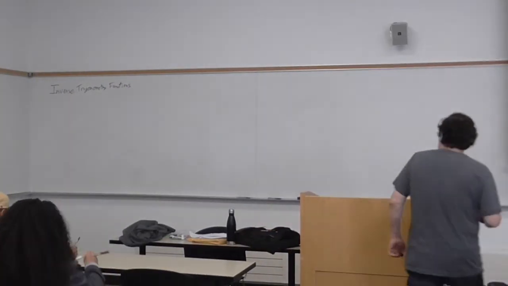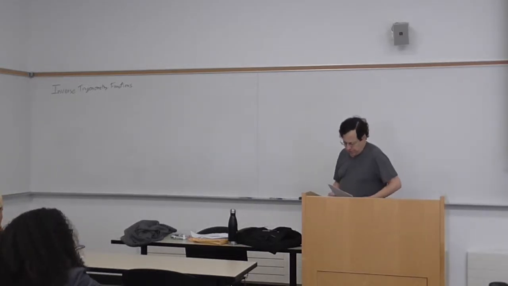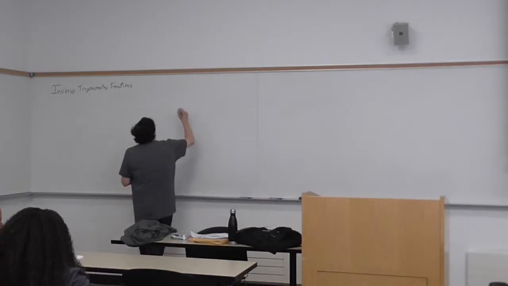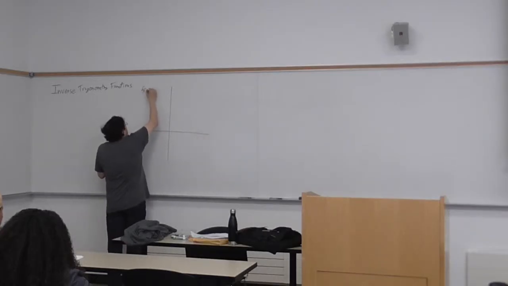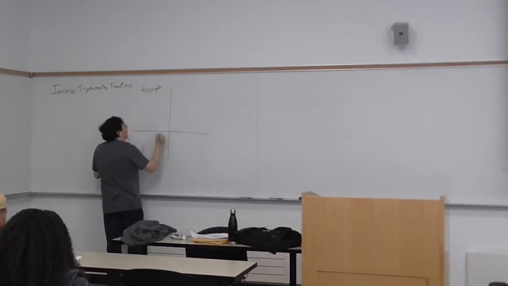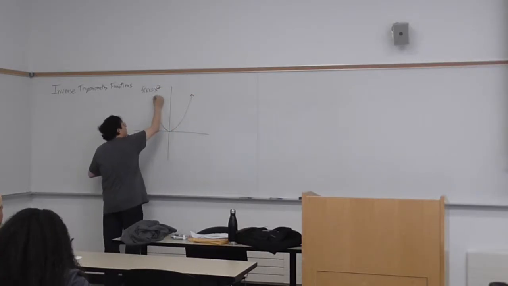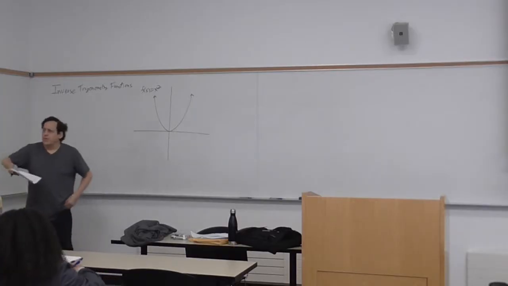So we've already talked about inverse functions a fair amount. Just going to remind you that we have a function like f of x equals x squared, of course, our parabola, that we have to think a little when we find its inverse.